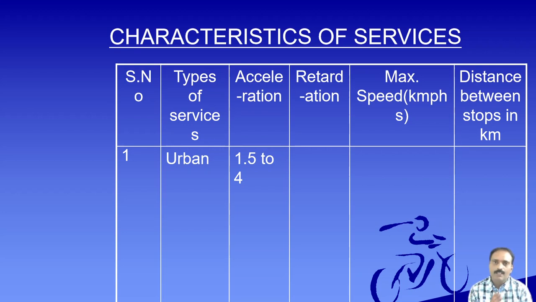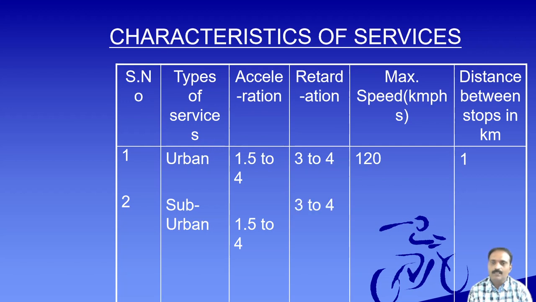The acceleration and retardation are specified in kmphps, and the speed is specified in kmph. So here the retardation will be from 3 to 4, the maximum speed 120 kmph, and the distance will be 1 kilometer. Similarly, for suburban services, the rate of acceleration and deceleration will be of these values.